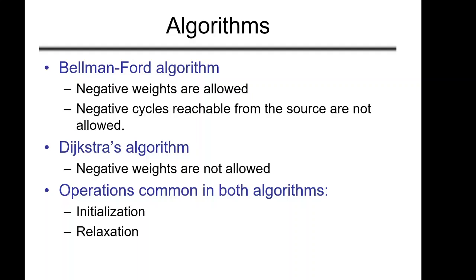Bellman-Ford allows negative weights on the edges, but it obviously does not allow negative cycles reachable from the source, because shortest path weights for negative cycles are not defined. But it allows negative weights on the edges.